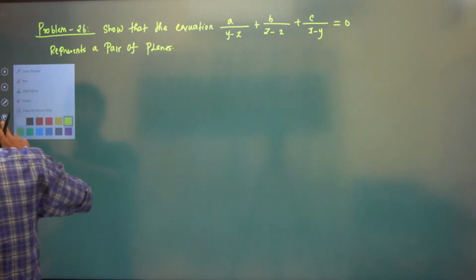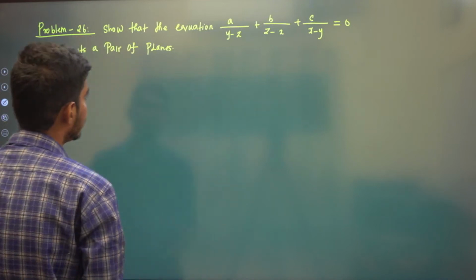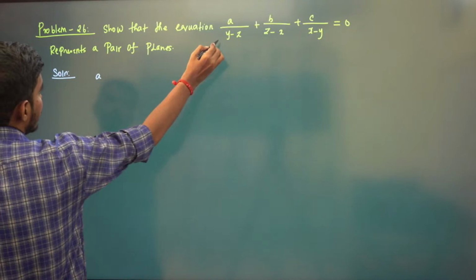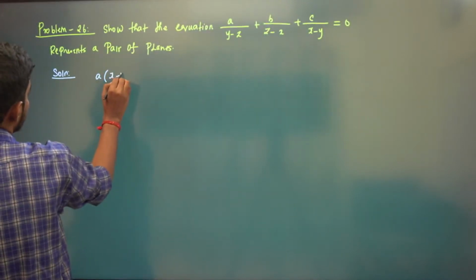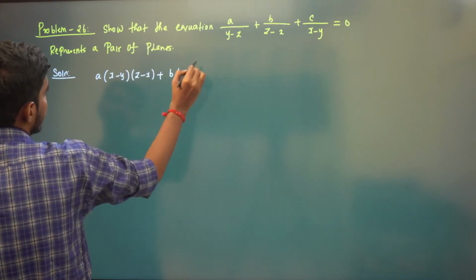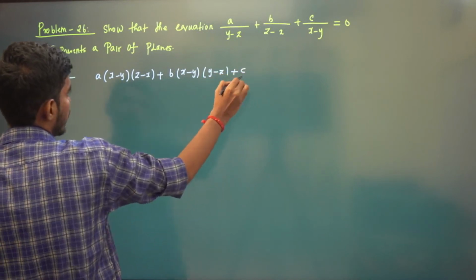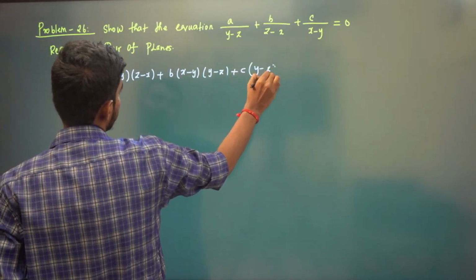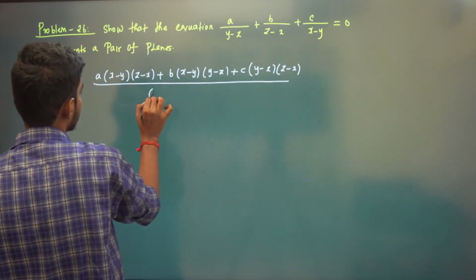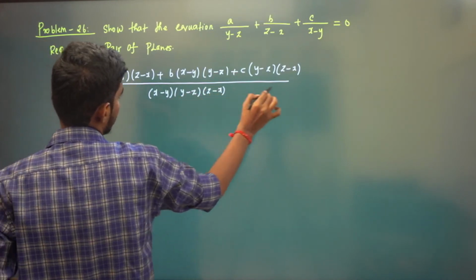So just take LCM. So LCM is x minus y, y minus z, z minus x. So we have a into, here x minus y is missing, z minus x is missing, plus b into, there x minus y, y minus z is missing, and x minus y is there. So we will have y minus z, z minus x, whole divided by LCM x minus y, y minus z, z minus x is equal to 0.